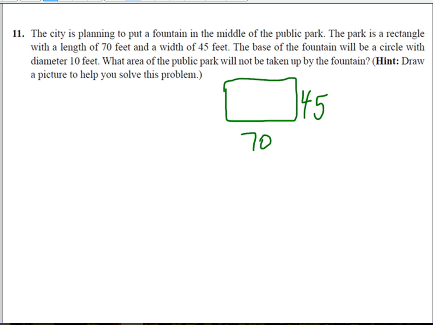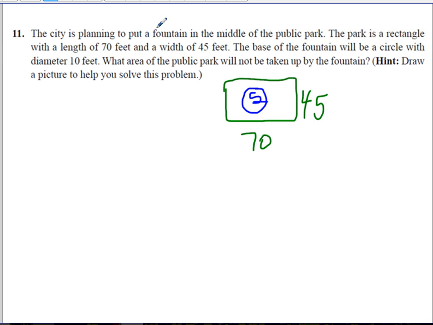The fountain that they're putting in the middle is a circle with a diameter of 10 feet. I'm going to put the radius because I always like to make sure I get that number in there and not accidentally plug in 10 for radius when the radius is technically 5.